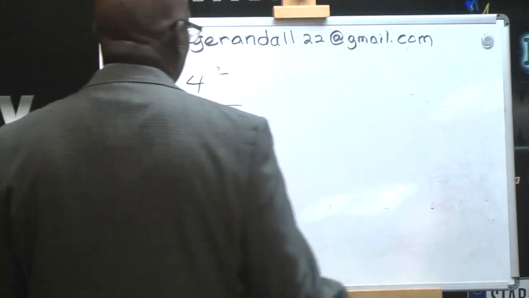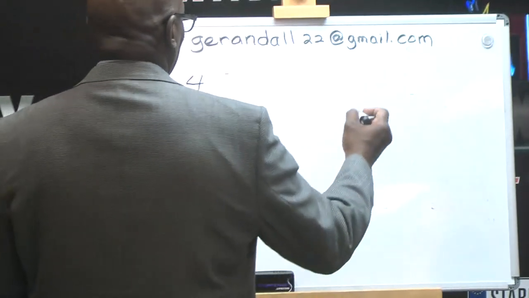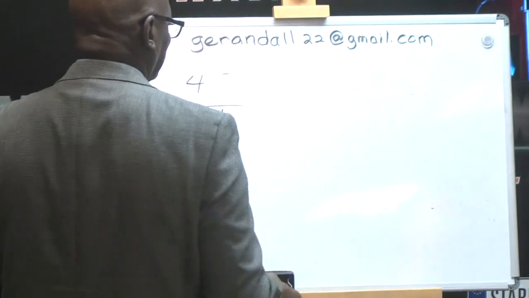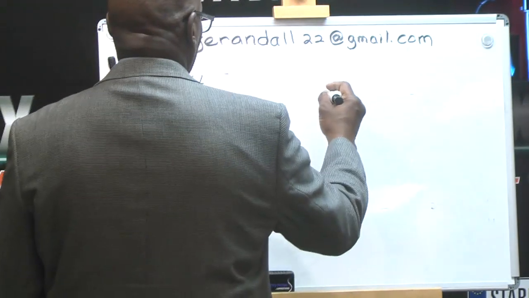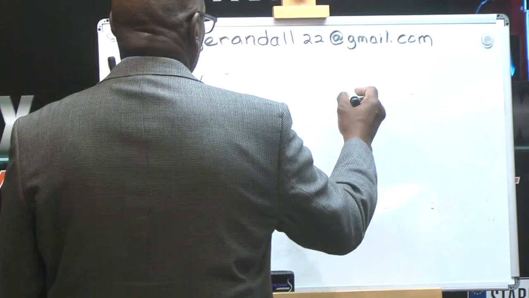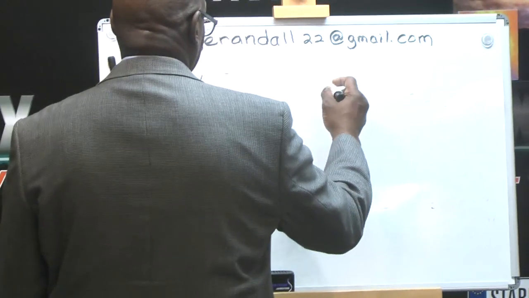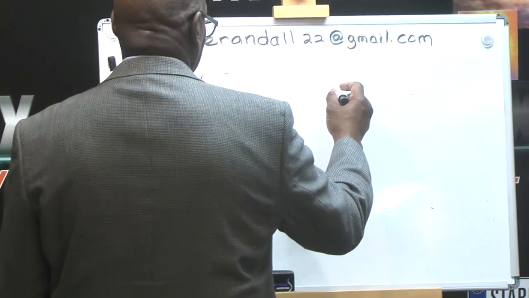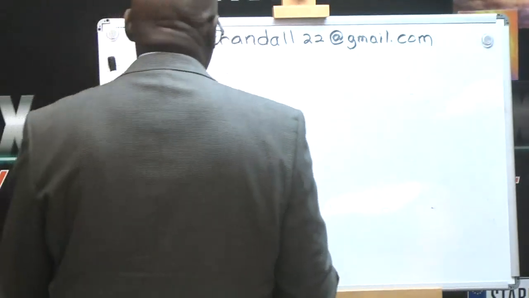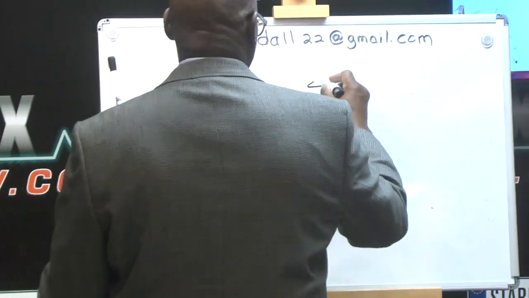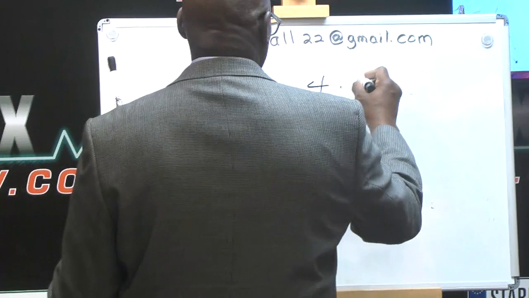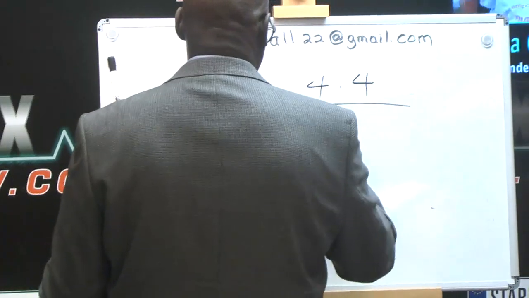And in this case, we have similar bases, and the rule says that you subtract, or actually, let's look at it this way so that you can really see it.